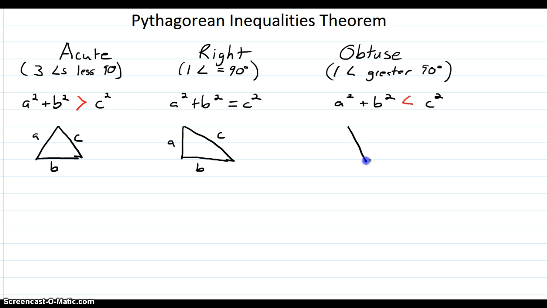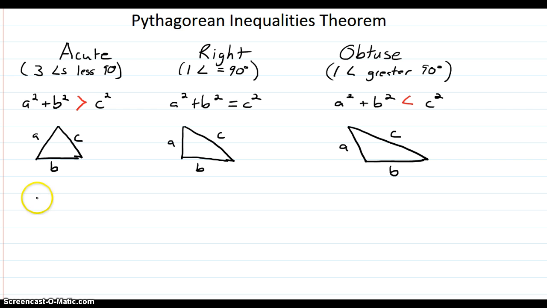Whereas over here, if our C squared is large enough to be bigger than the sum of these two, the biggest side is opposite the biggest angle, and when it's greater than your two small sides, then it's obtuse.